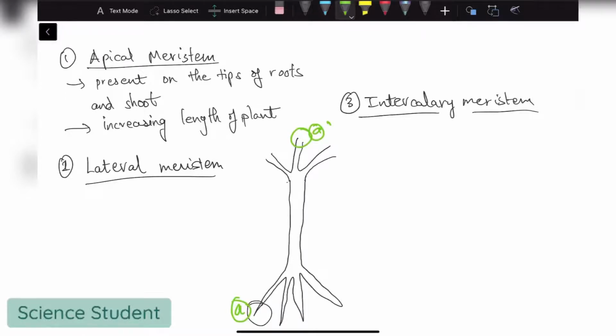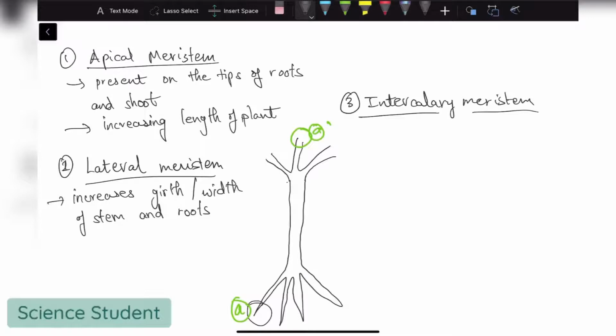lateral meristem, where is lateral meristem, this increases girth or width of stem and roots.